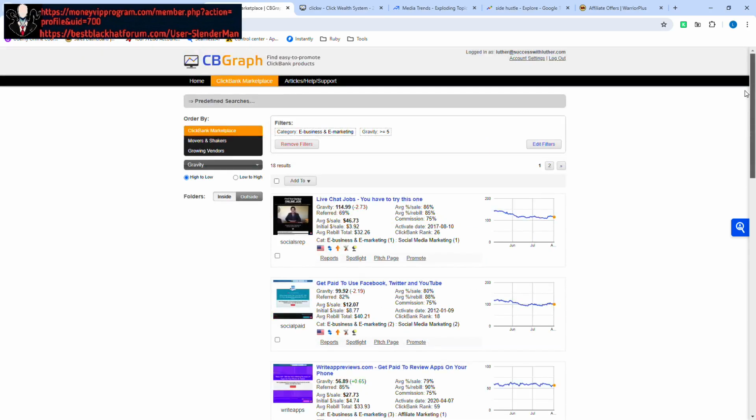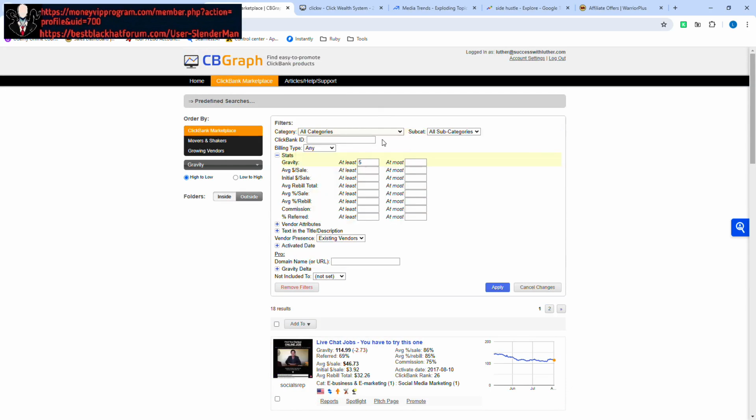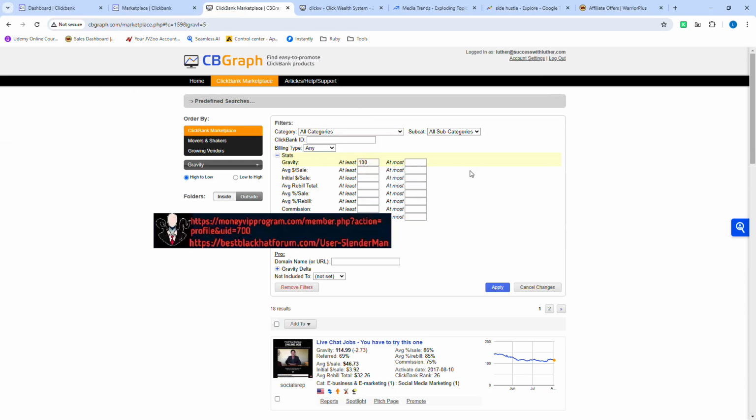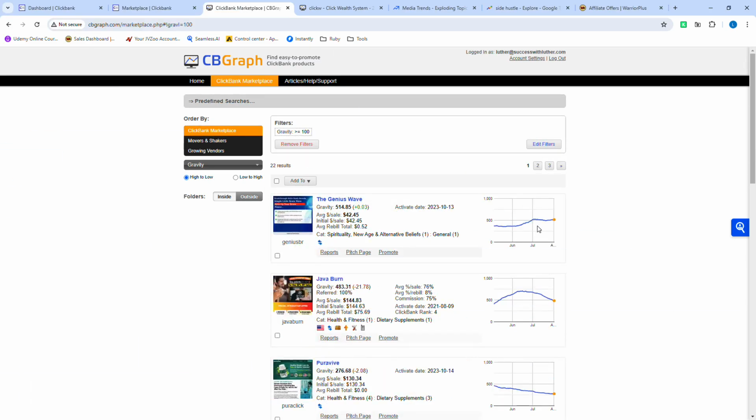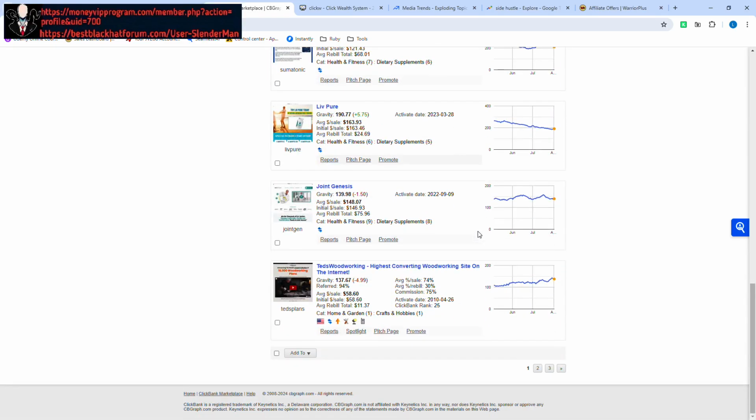I'm just curious now. Let's look at something else. Edit filters. All categories. I want to find Ted's Woodworking. Let's clear this out. Let's look at all categories with 100% or better, or 100 gravity index or better. There it is.